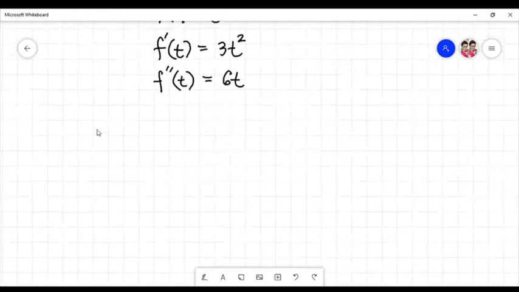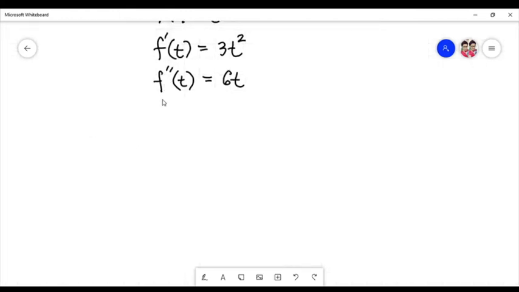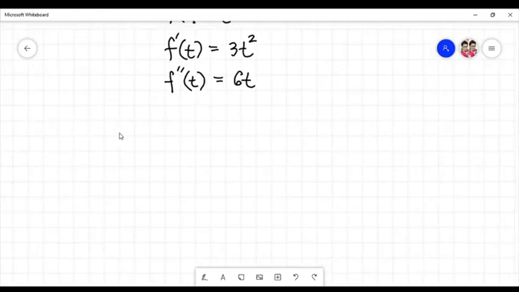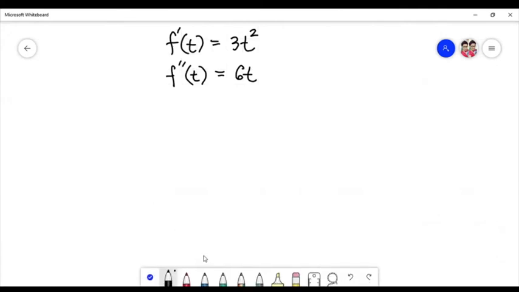Since we are using the second derivative, the Laplace transform of f double prime of t is equal to s raised to n.